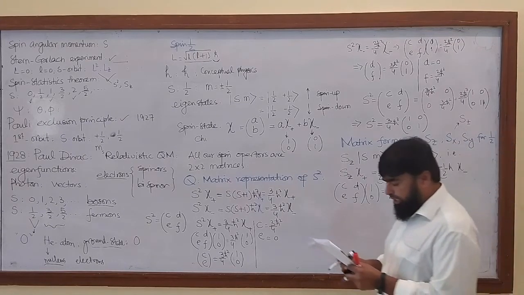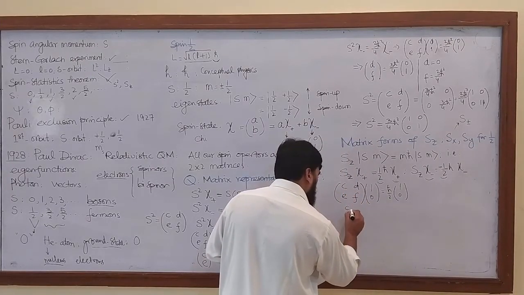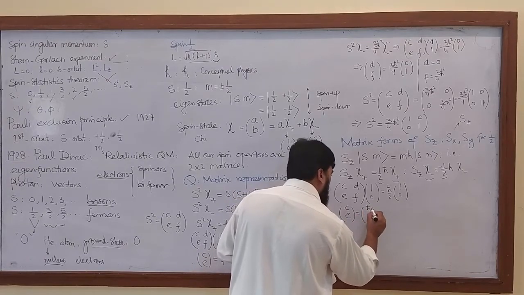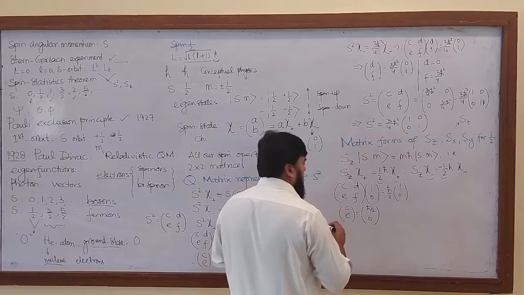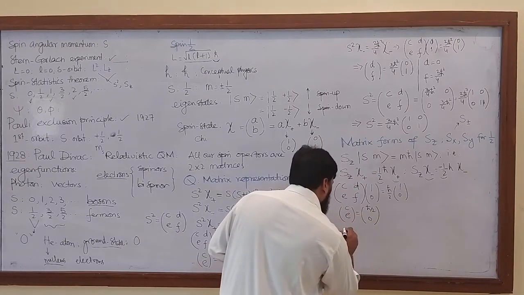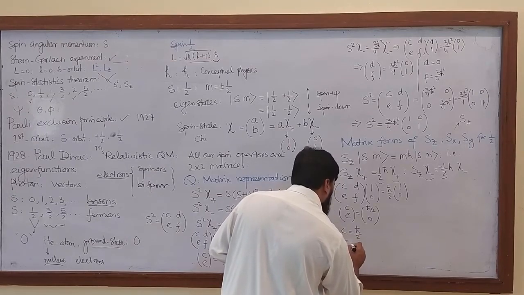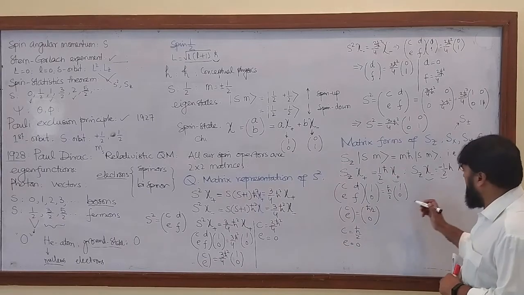So what will this give me? This will give me C and E, and it will be equal to half h bar, because (1, 0) and (0). And this implies that C is equal to half h bar while E is equal to 0. Clear? So simple.